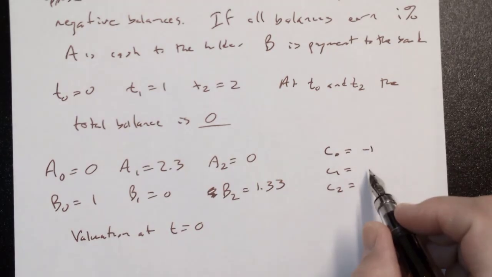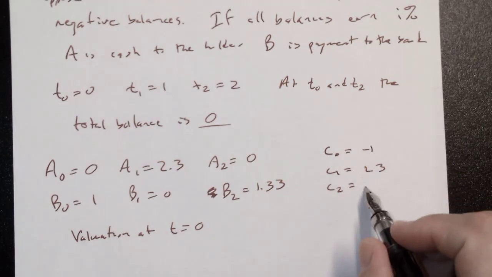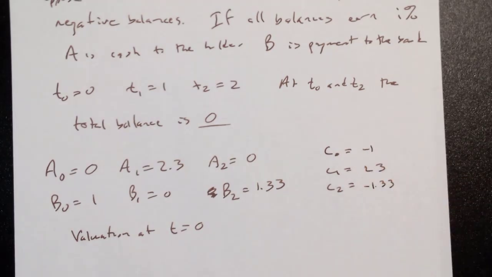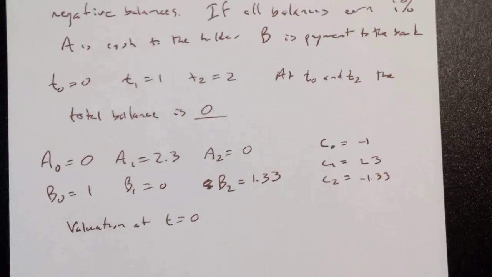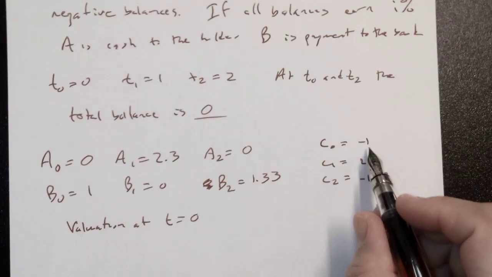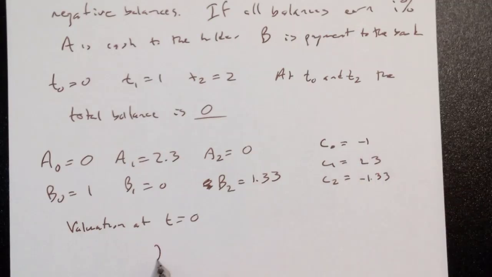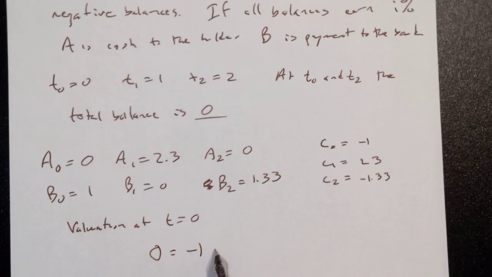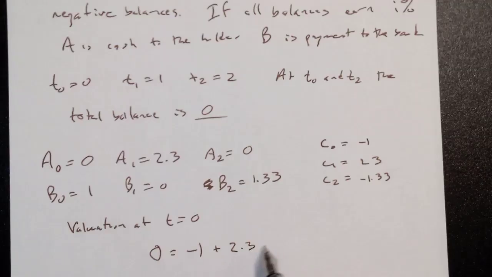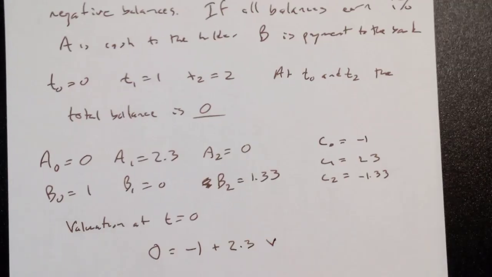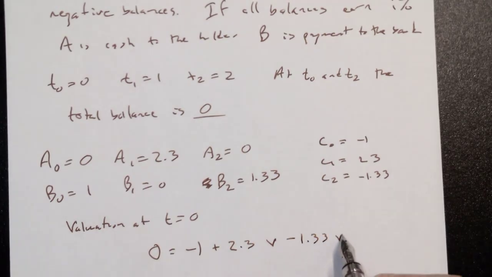Okay, if I'm doing the valuation at time 0, then this money's in the right place. This money needs to be brought back 1 period. This money needs to be brought back 2 periods.